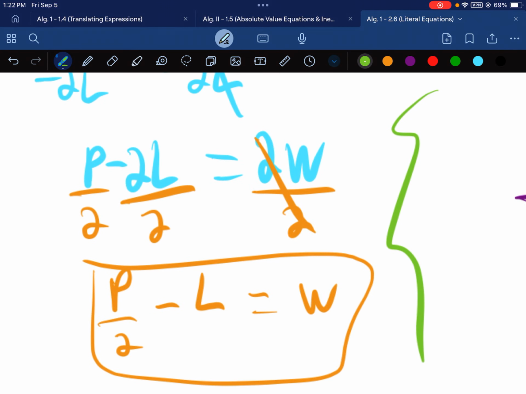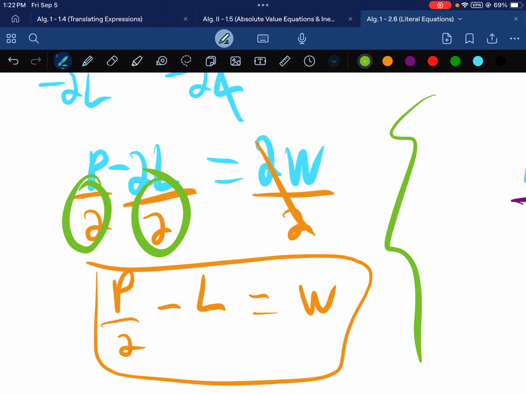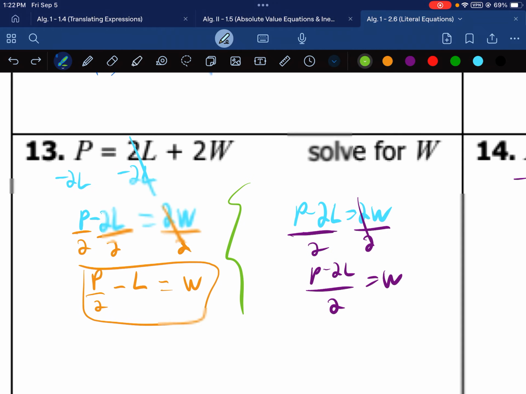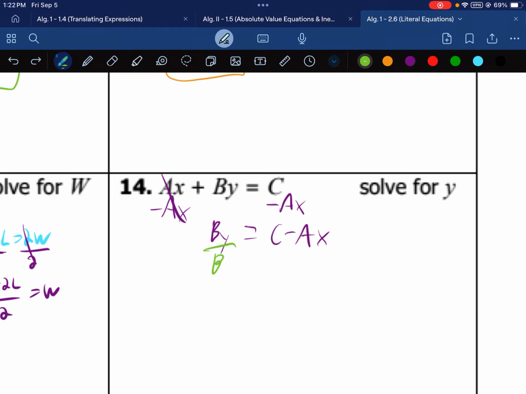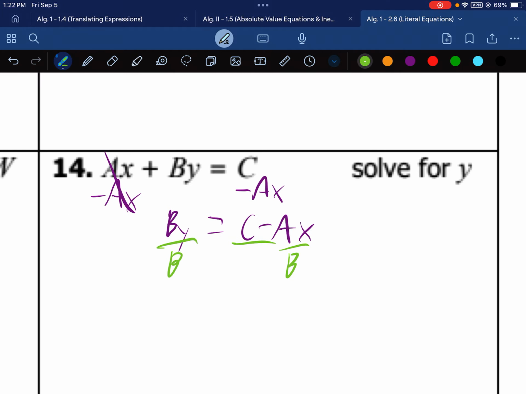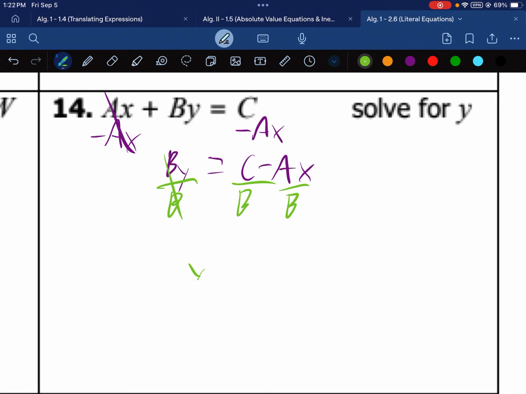Now, here on this problem, the reason I wanted to specify that I divided individually by 2 is because we were able to reduce this 2 and this 2. Here, if I divide individually by b, I can't reduce either of those. So on this problem, I'm perfectly fine with you doing this, where you call it y equals c minus ax over b.